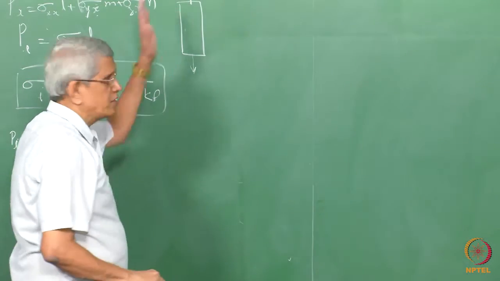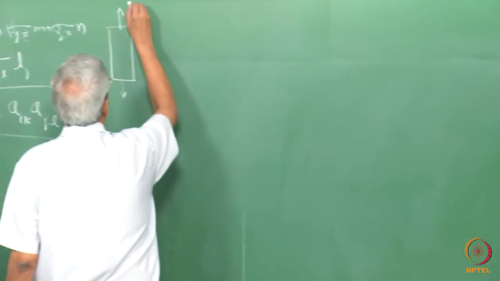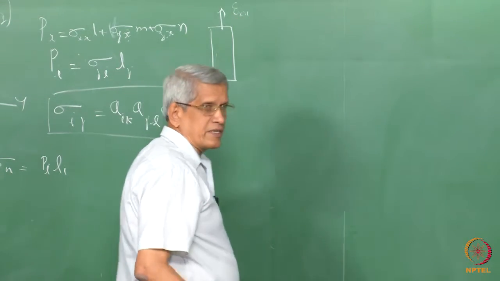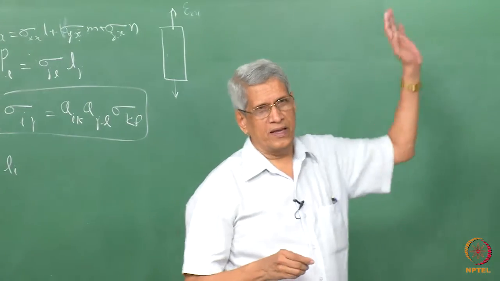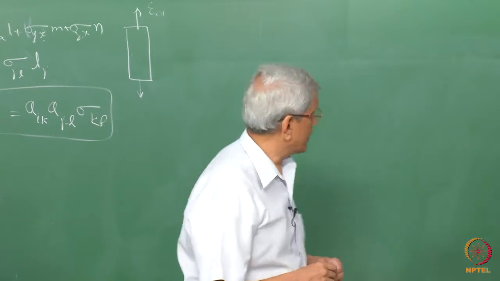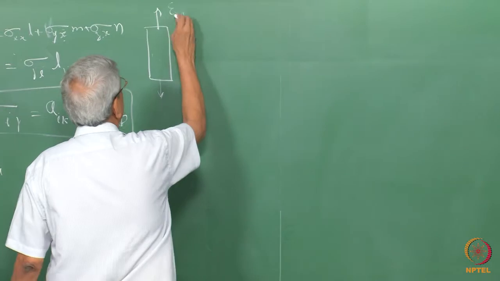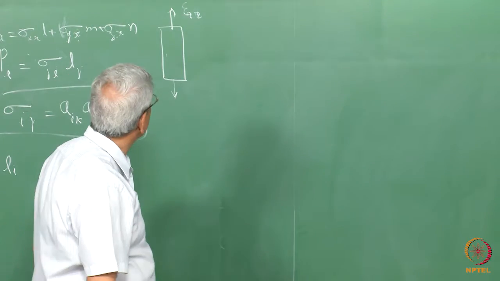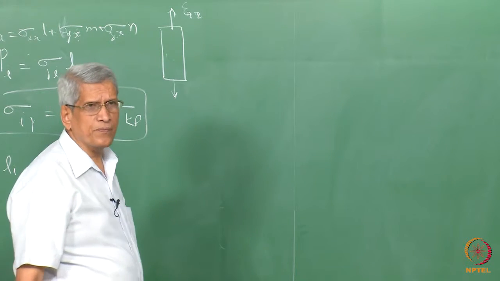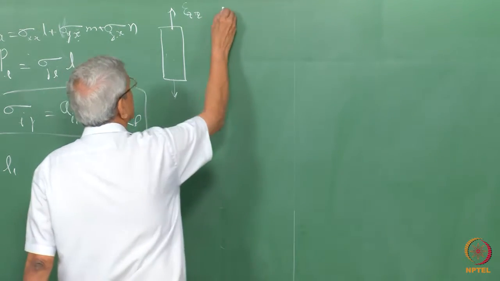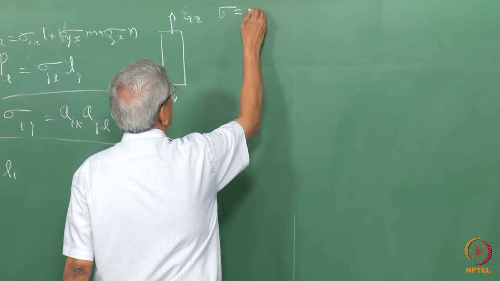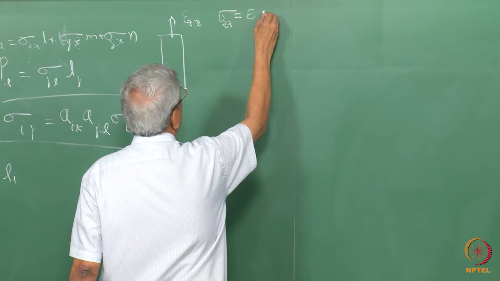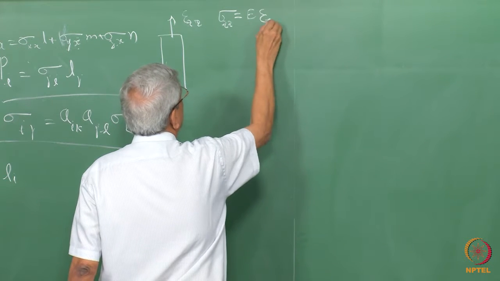The simplest way in which we can consider it is that, suppose I take a sample and I try to elongate it in this direction. This will assume that the strain is going to be some epsilon xx in the x-axis direction, or it can be taken to be z, if we normally choose this as the z direction. This will generate a stress. We know that this stress sigma equals E into epsilon, correct?